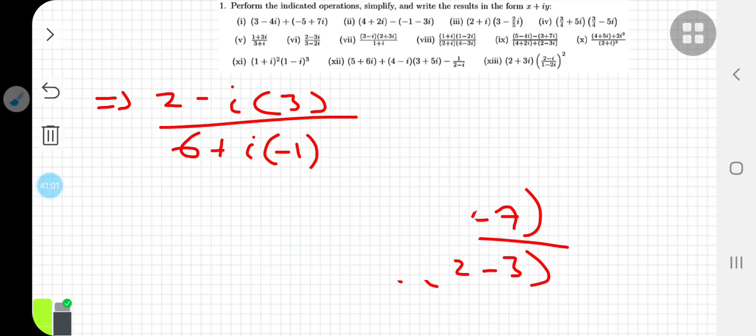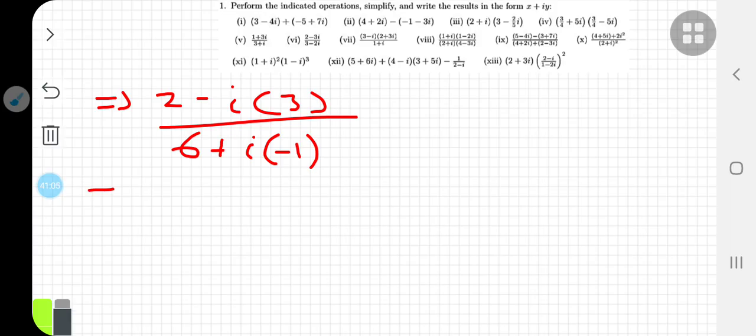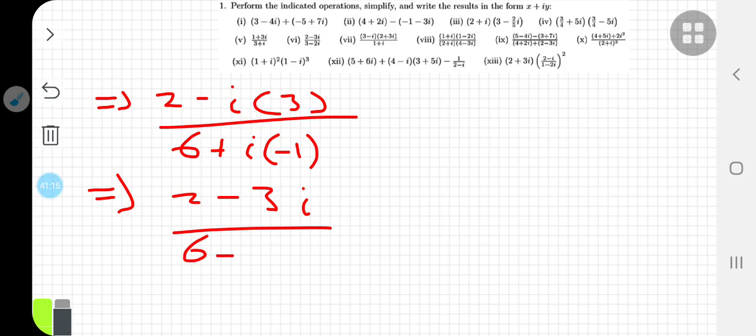So from here now, I'll say 2 minus 3i there over 6 minus i there. I'll multiply this with its conjugate. I'm going to have 6 minus i there, or plus there, then 6 plus i there.